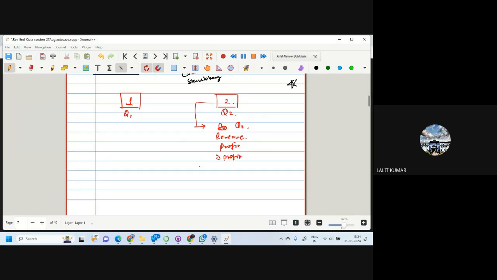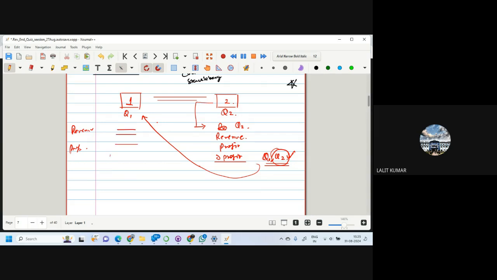So we get a function of Q1 and Q2. Now using the value of this Q2 from here, this firm 1 knows that firm 2 is producing Q2. So for his revenue and profit, you replace the value of Q2, which will be in relation to Q1, here.